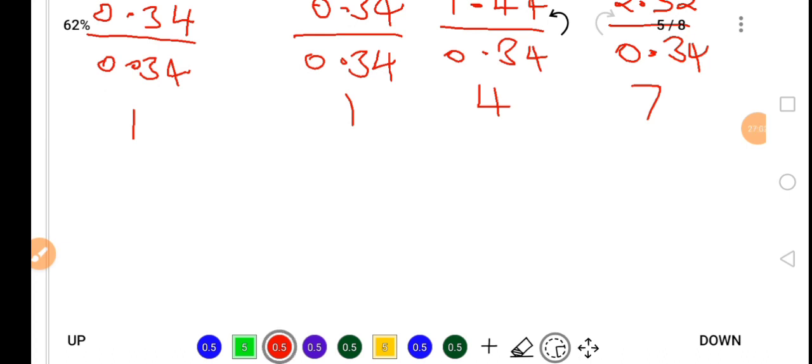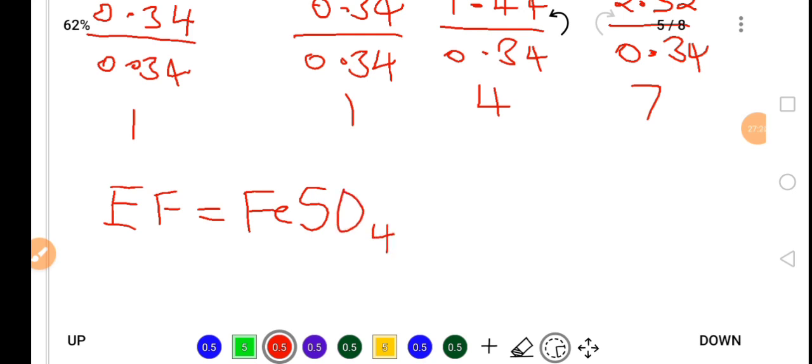So the first element in this empirical formula is iron, and the number of atoms is 1, we don't write it. Sulfur, it is also 1. Oxygen, it's 4. This salt is hydrated, so you put a dot to show that there are 7 moles of water.